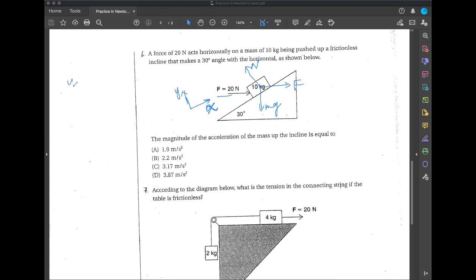And then in the y direction, I can do what? Normal force minus the component of the gravity. That should be cosine theta, I believe. Yeah, so mg cosine theta. So that should equal 0.